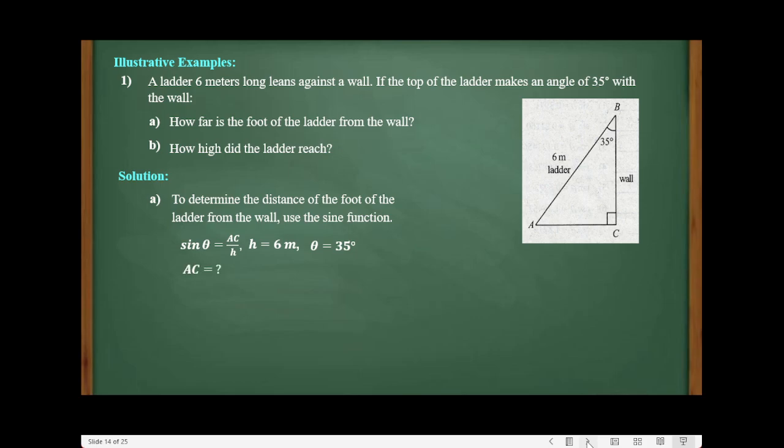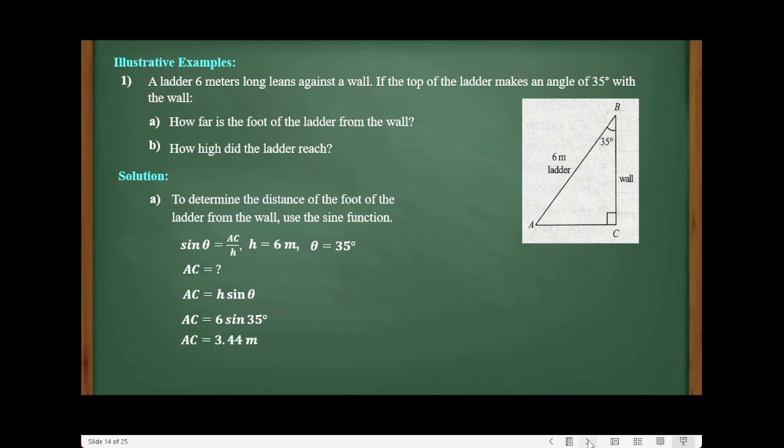So the distance of the foot of the ladder from the wall is denoted by segment AC. Substituting the given values into this setup equation, we have AC is equal to the product of the hypotenuse and the sine of theta, or sine of 35 degrees. So this will become 6 sine of 35 degrees. In your scientific calculator, look for the value of sine 35 degrees.